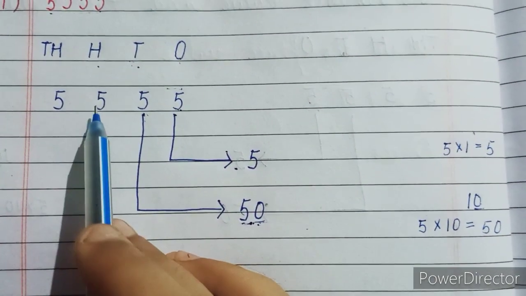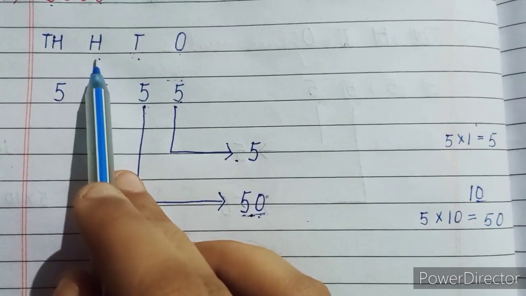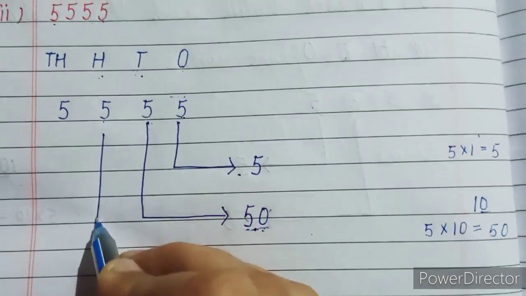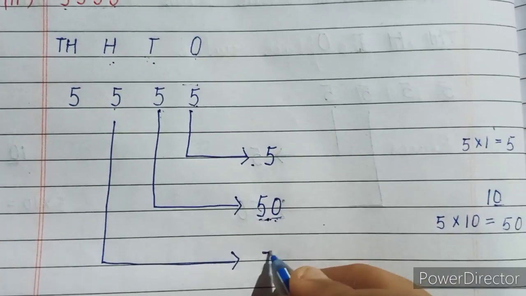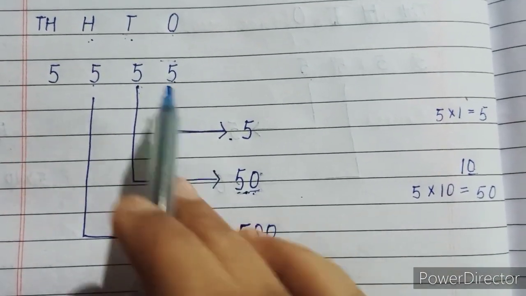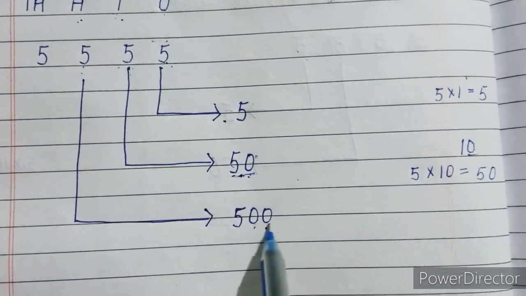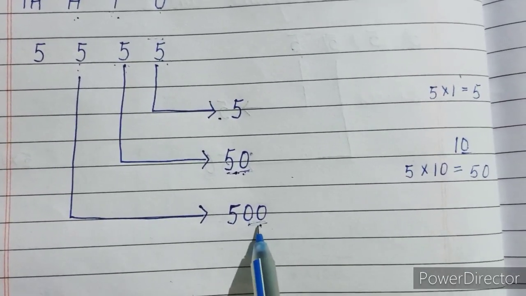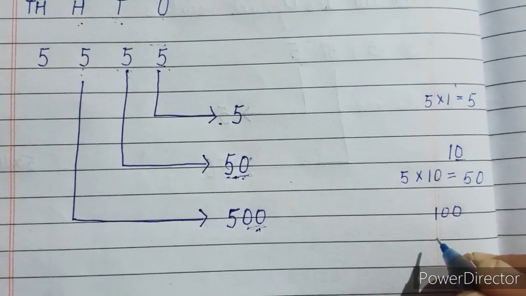Now look, the hundreds place. At which place is 5? Hundreds. So we have to write here 500, because there are 2 more numbers after 5. So we will put 2 zeros here. Children, how many zeros are there in hundreds? 2.